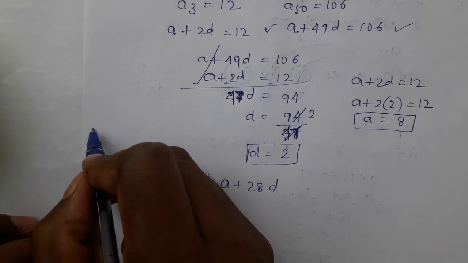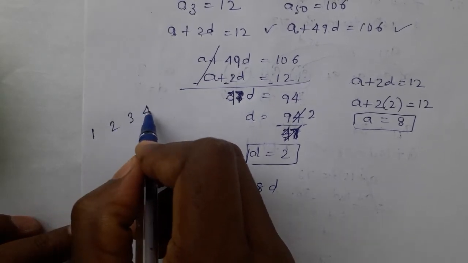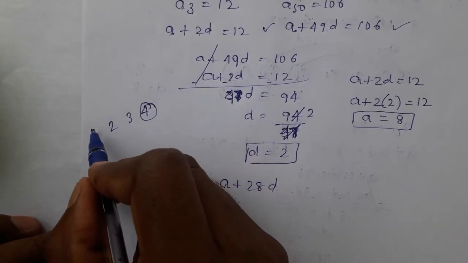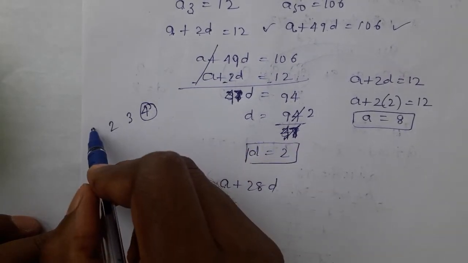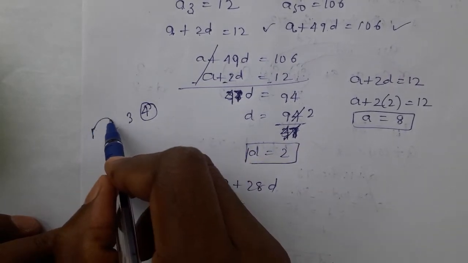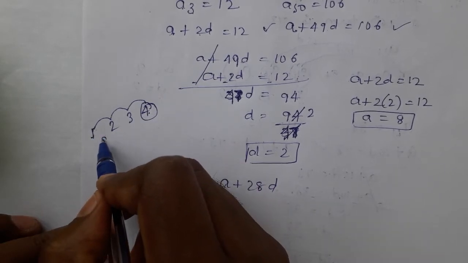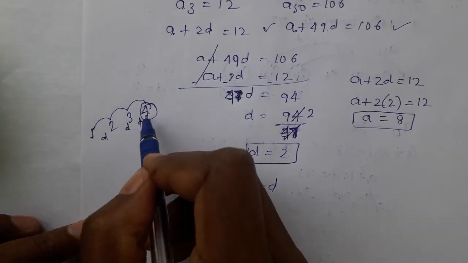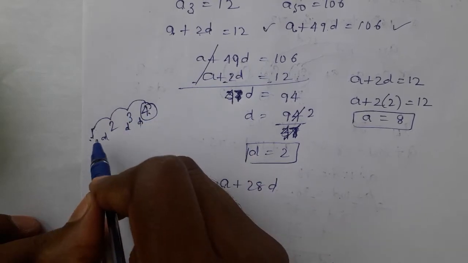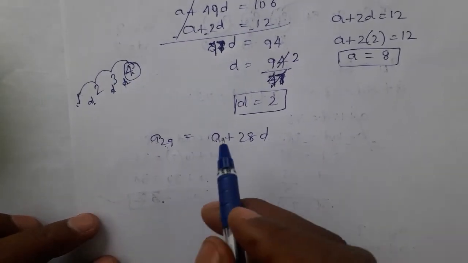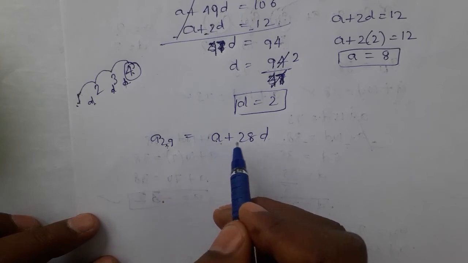Correct, no? So here first, here second, third, fourth. The fourth person always comes 3 persons after. Look from the first term: 1, 2, 3. That means the fourth person from the first person is 3 differences. 1 difference, 2 difference, 3 difference. Similarly the 29th from the first person is 28 differences.